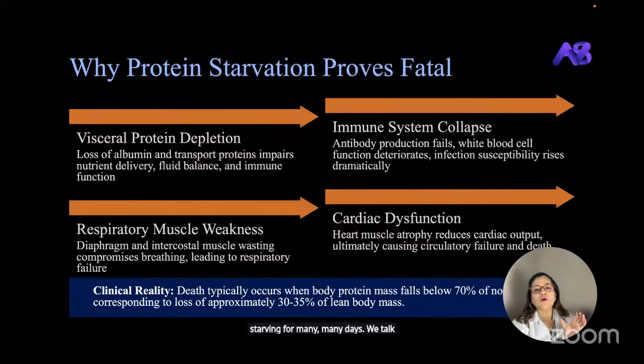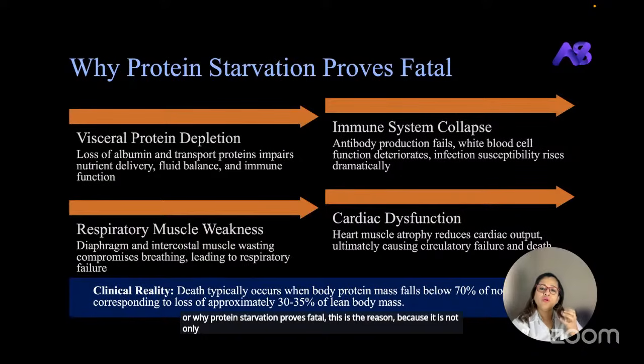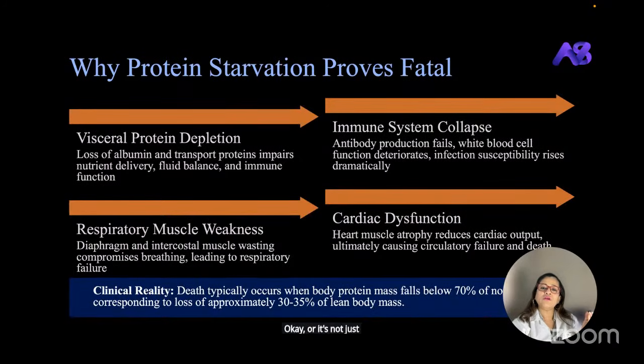We talk about fatality, or why protein starvation proves fatal. This is the reason, because protein is not only a fuel, not only for your enzymes and your transports. It's not just depletion of fat and glycogen, but it causes structural changes.